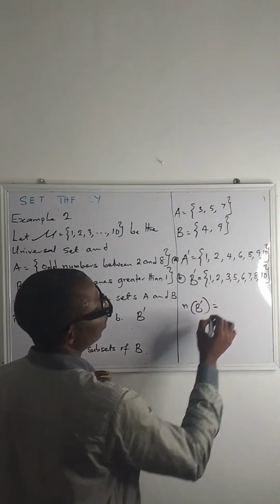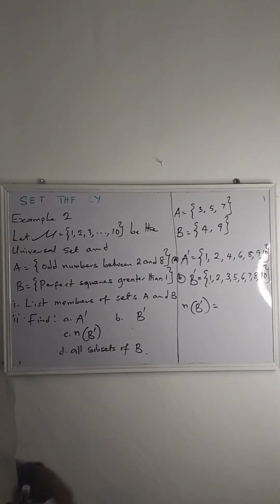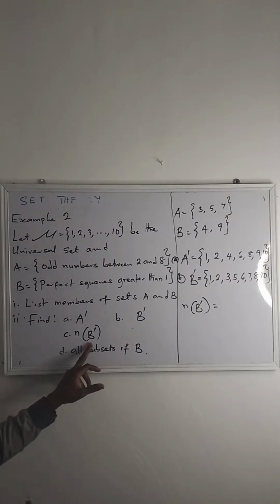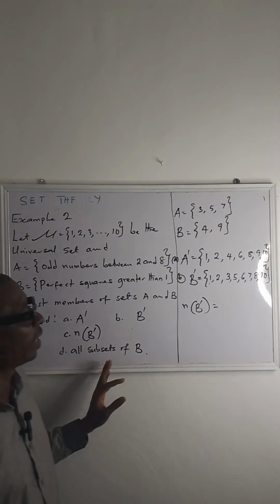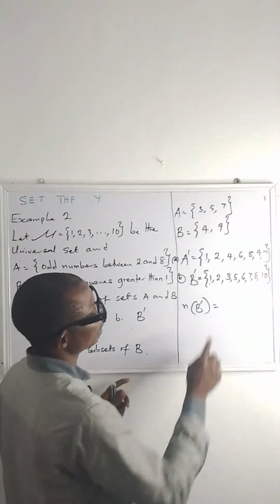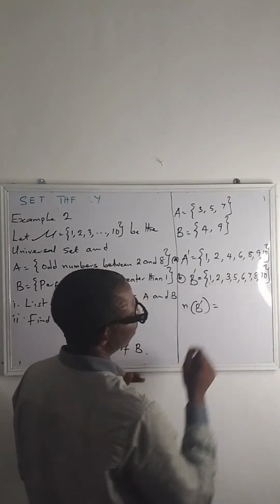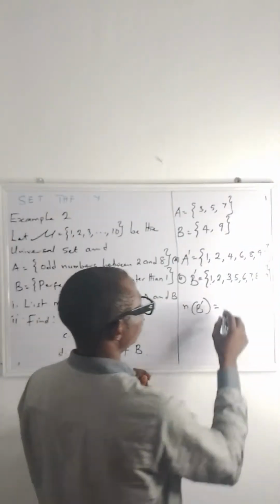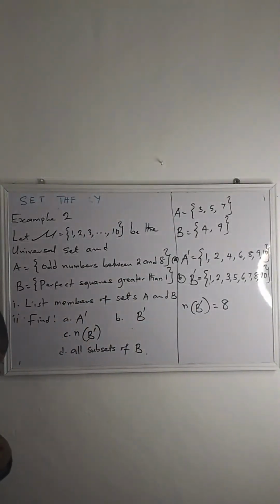Is anybody telling us before we do this? Number of elements in B complement. So you just come here and count the number of elements we have here. Can we count together? 1, 2, 3, 4, 5, 6, 7, 8. So the number of elements is 8.